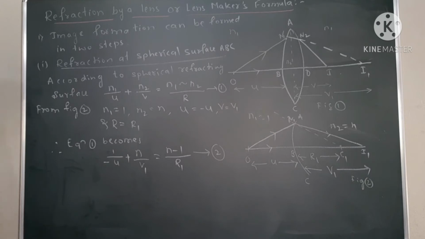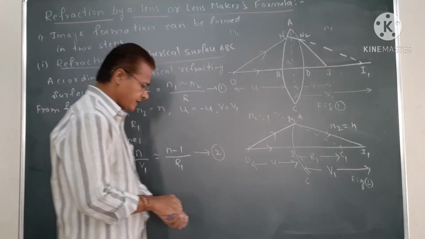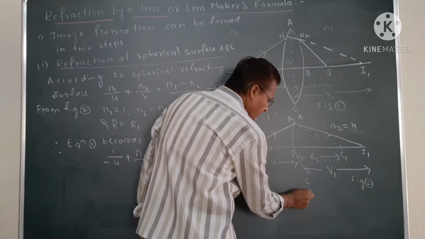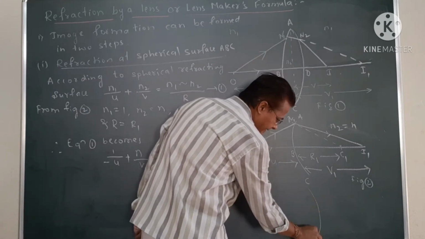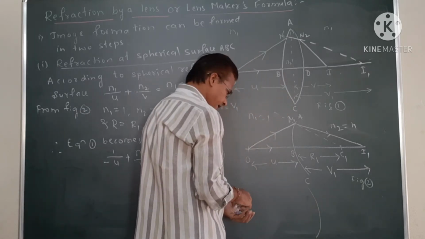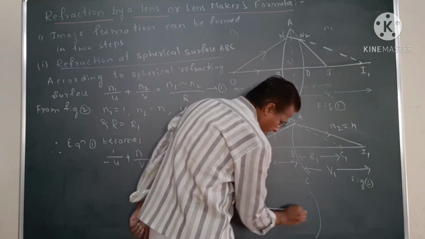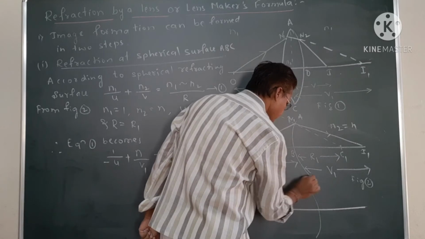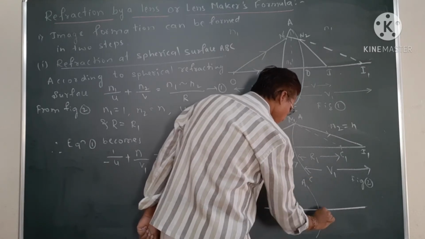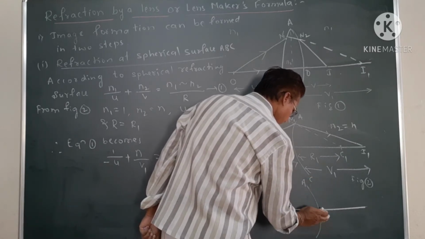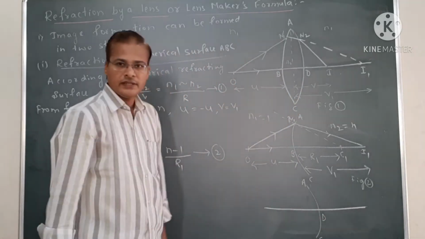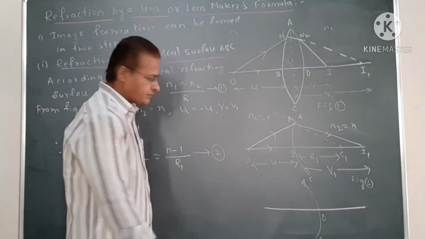Now we take another refracting surface, which we are going to call ADC.